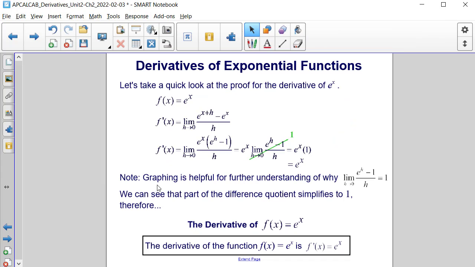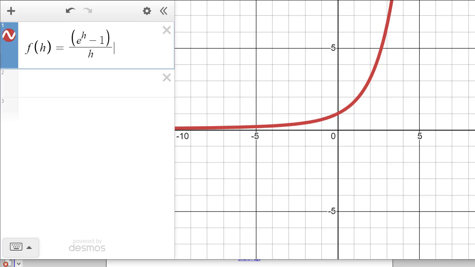Graphing is also helpful for further understanding why the limit of e to the h minus 1 divided by h as h approaches 0 is equal to 1. And let's actually do that. Let's look at the graph to see why this is the case. So if I switch over to the graph, here is that function. And as we travel along it, as we get closer and closer to h being 0, my y value is getting closer and closer to 1.